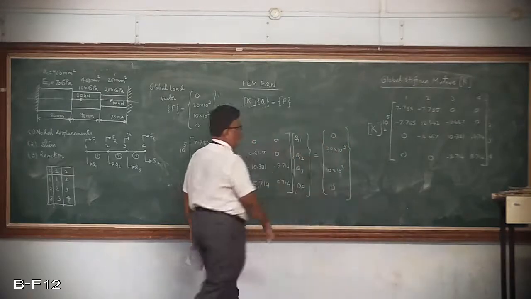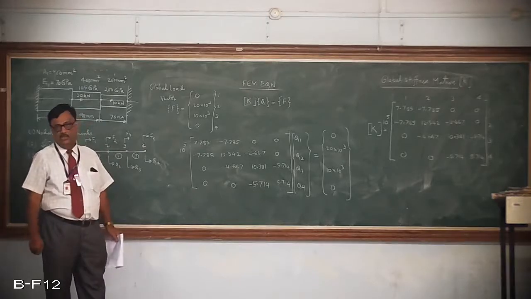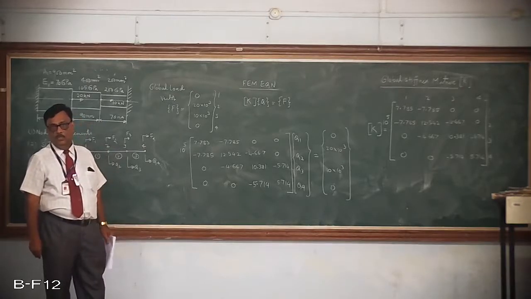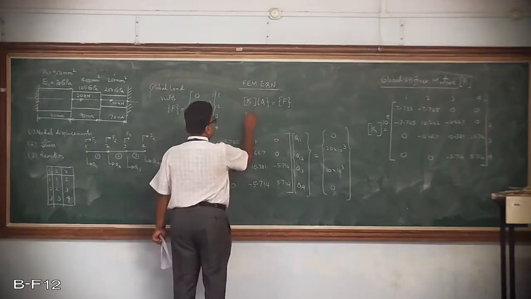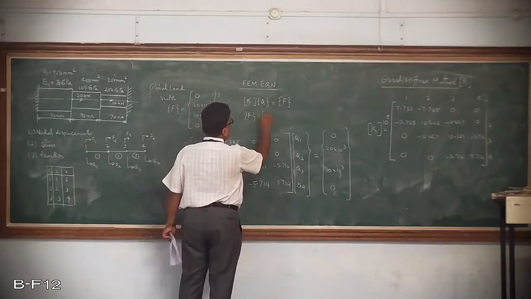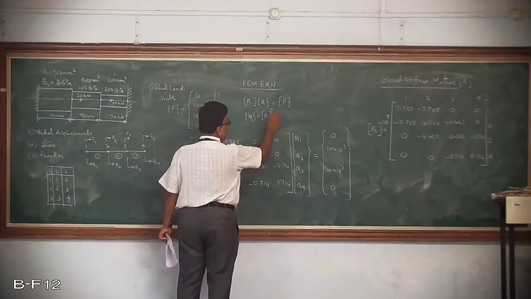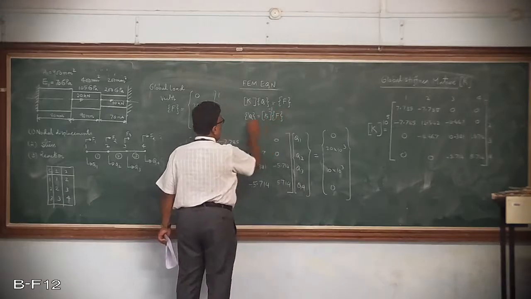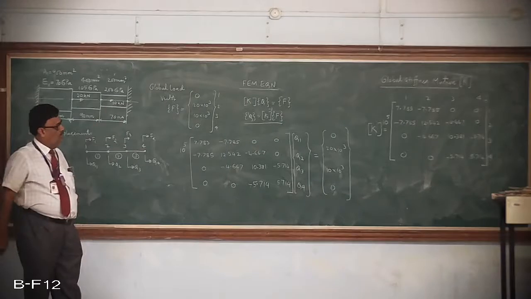See, as I told you, I cannot solve this equation directly because the global stiffness matrix being singular, that is, I cannot directly take the inverse of this to find out this. This is the displacement vector. If I want to find this, I need to take the inversion of the global stiffness matrix.